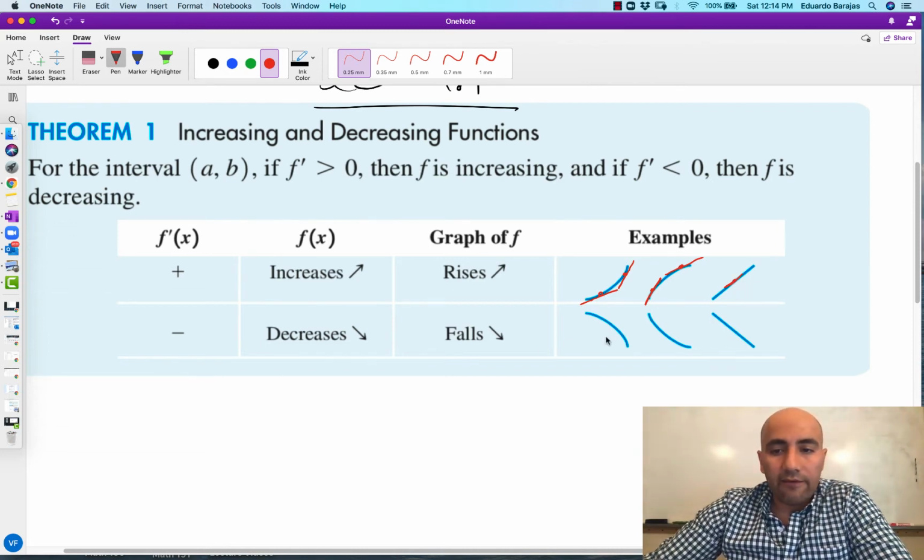On the other hand, if we think of cases like here, all of these, if we think about the tangent line, so maybe we put a tangent line there, and we put a tangent line over here, or over here, or over there. In every one of these cases, the slopes are negative. Sometimes they're big negative slopes, sometimes they're small negative slopes, but they're all negative.